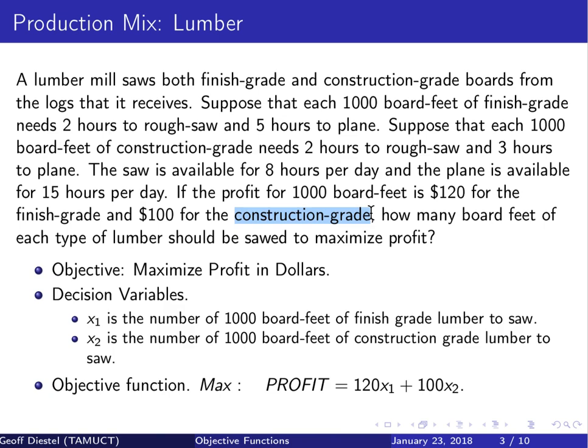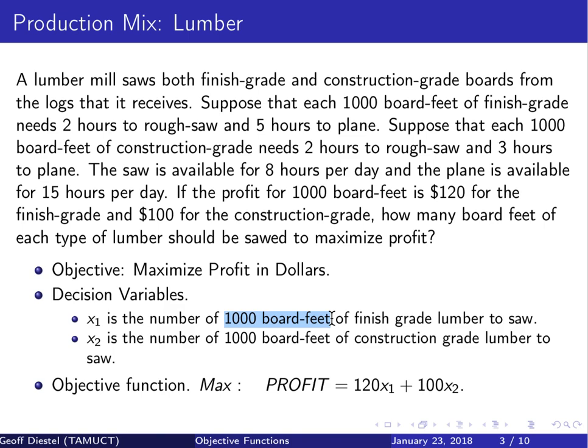Those represent our variables, so you need to write down a sentence defining each of these. So we say, let x1, our first variable, be the number of 1,000 board feet of finished grade lumber to saw. Notice I included the units here. The units are 1,000 board feet. So every 1,000 feet of this lumber that is cut is considered a single unit that they're going to measure things by.